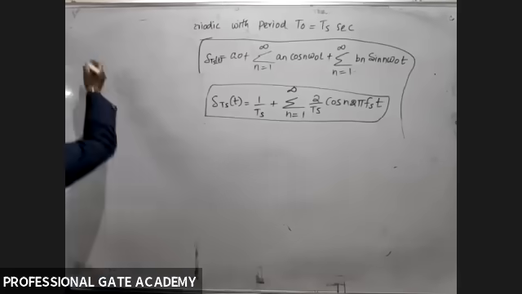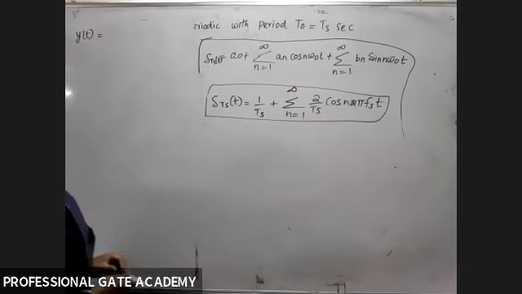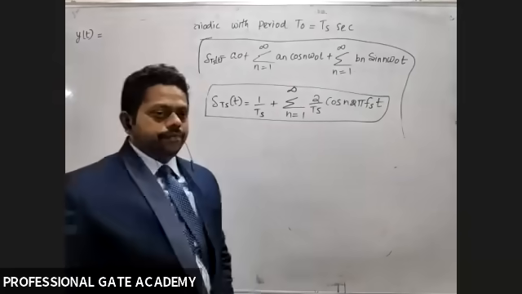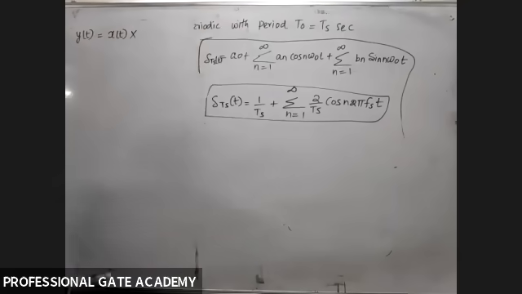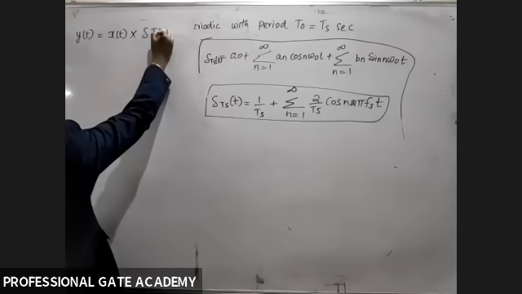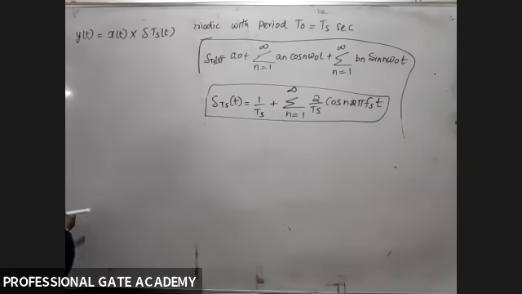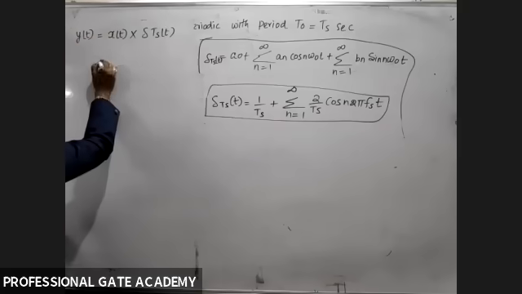Now y of t is the sampled output. Students, how does the sampling process work? x of t is the input multiplied with the train of impulses, del Ts of t. So the sampler output y of t is obtained by multiplying x of t with the train of impulses.